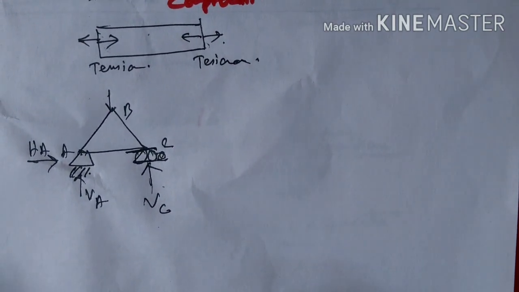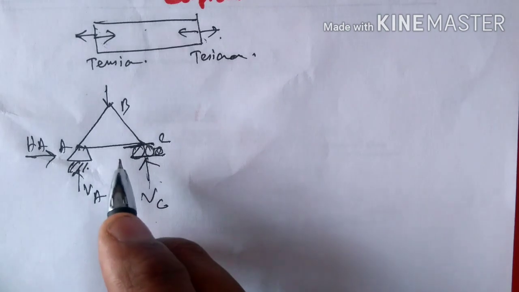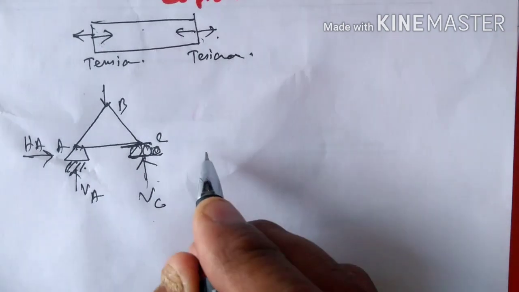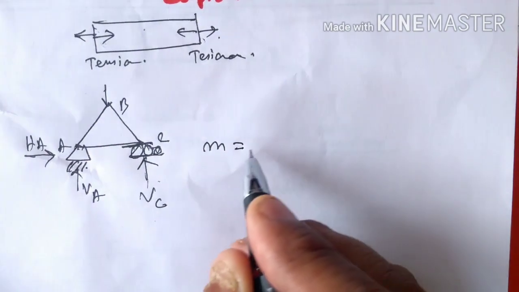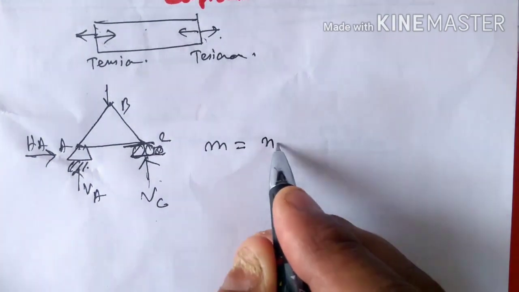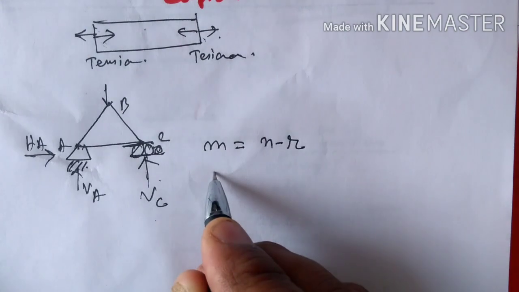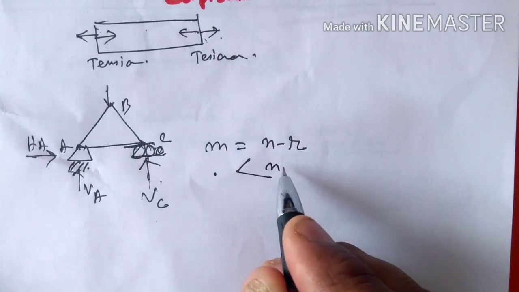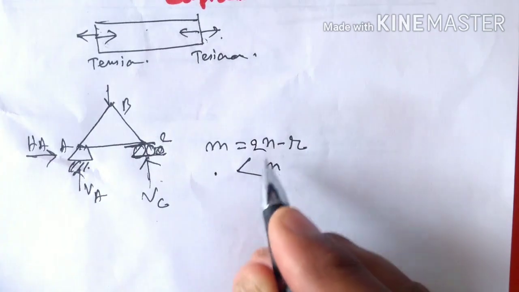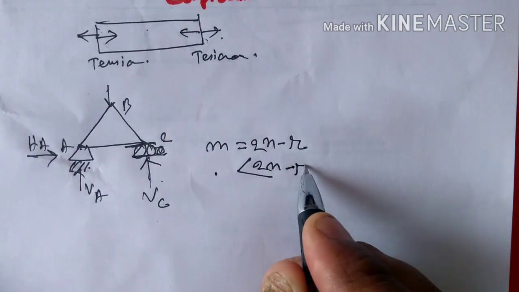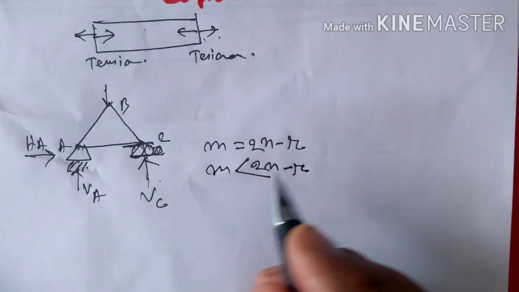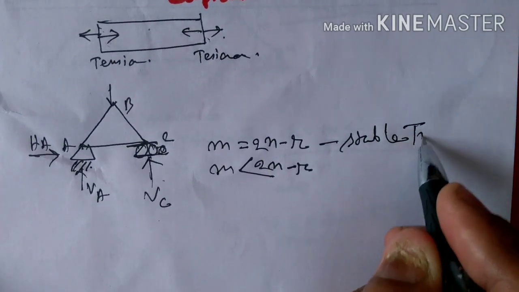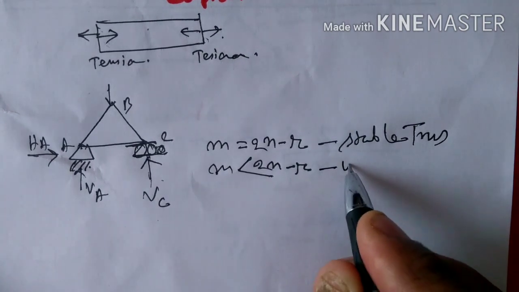So to determine whether it is a statically determinate or indeterminate structure, this formula is applicable. Let M equal to 2N minus R. If M is less than 2N minus R, it is an unstable truss.